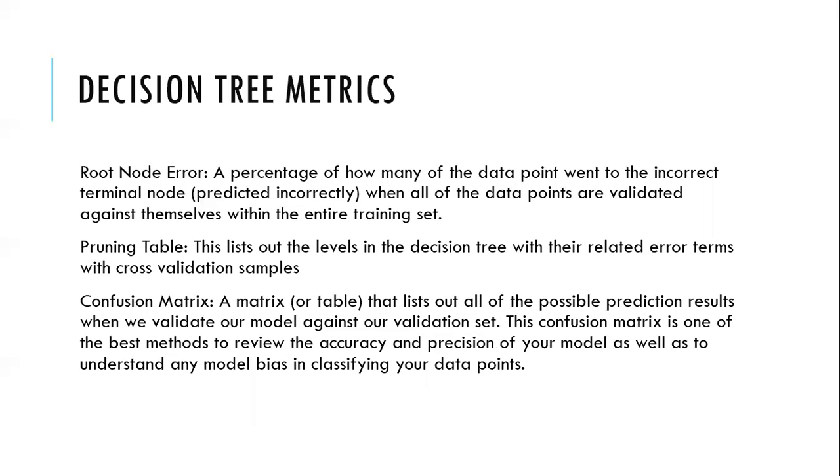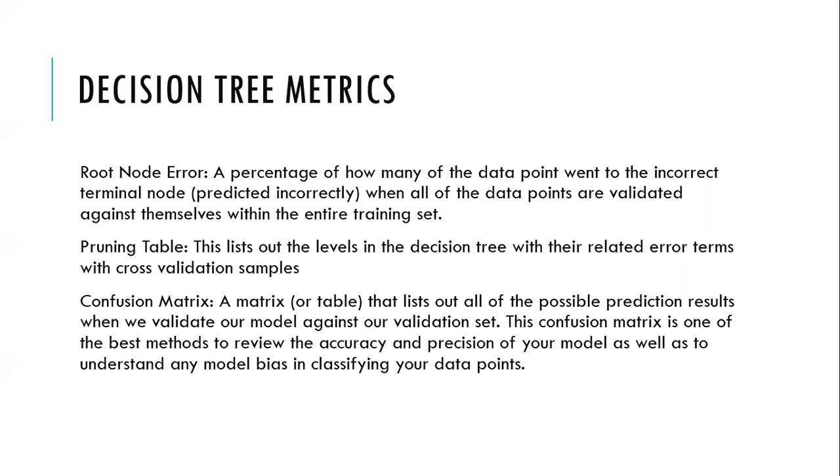After running your model in Alteryx, you would have some metrics that can be extracted from it. The confusion metrics we've already seen, and then root node error is considered a percentage of how many of the data points went into the incorrect terminal when all the data set is validated against itself within the entire training set.